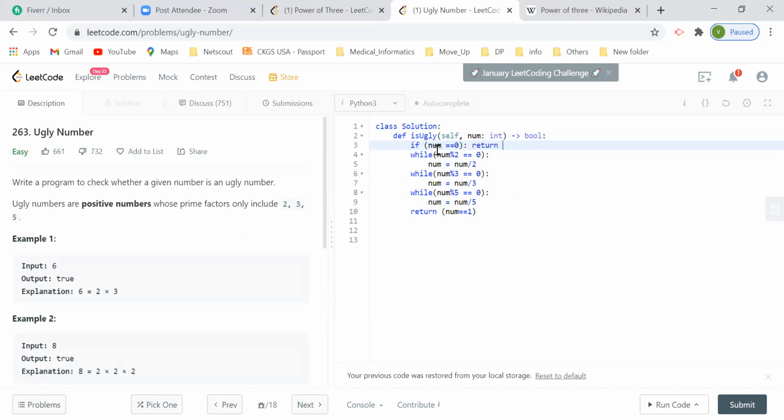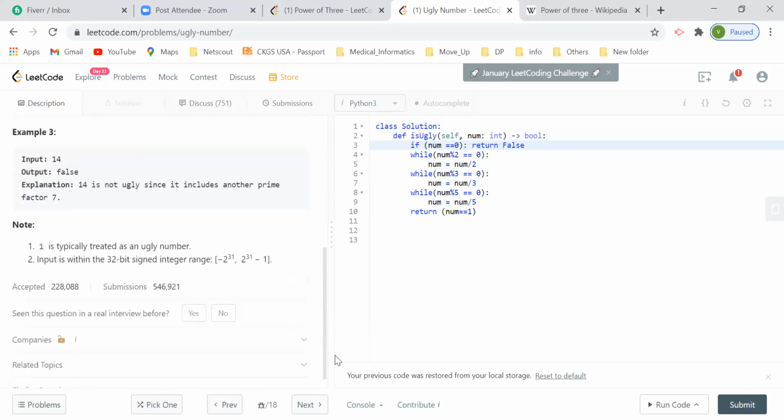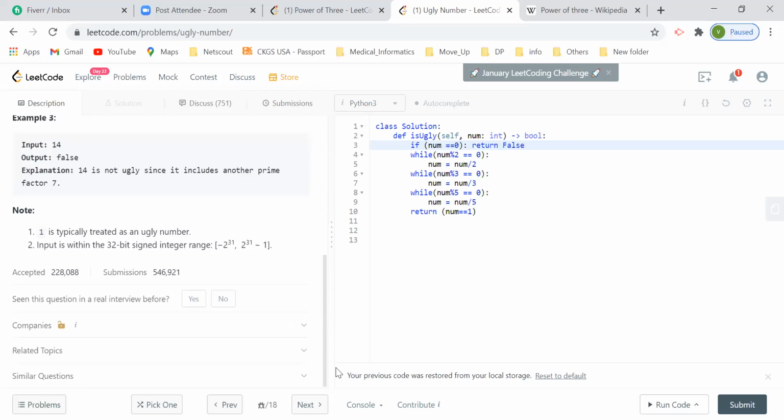True, but if you check the question, if you scroll down, there might be some solution. Let me take a look. So input is within, okay. So when number is 0, return false. True.